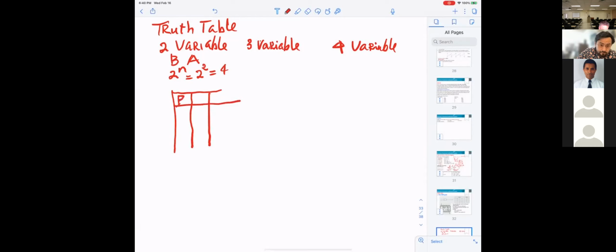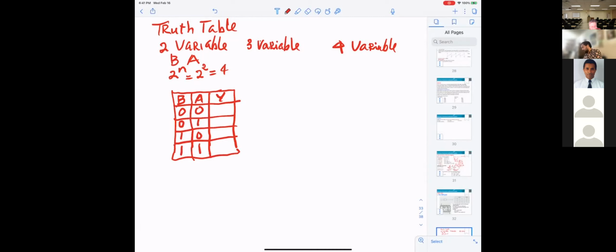Normally you get B, A, and you get 1, 2, 3, 4 for the rows, and then the output Y. For B you get 2 zeros, 2 ones. Then for A you get 0, 1, 0, 1. That is the truth table for two variable.